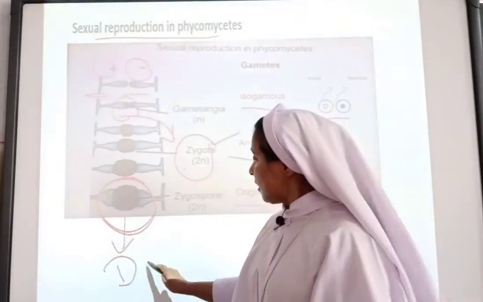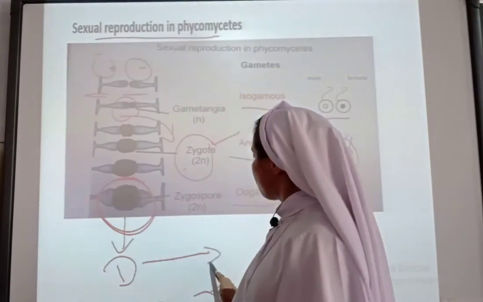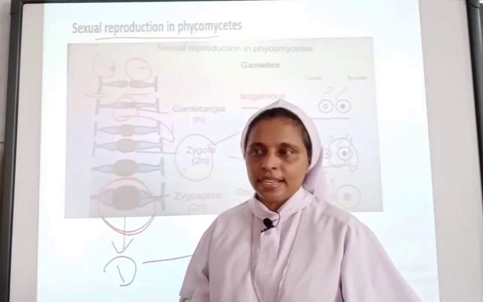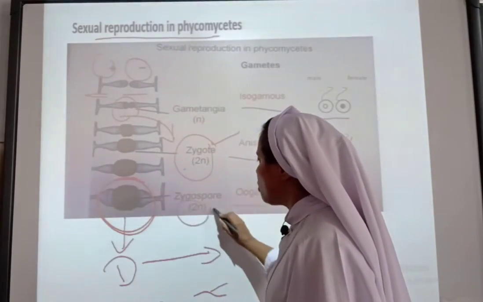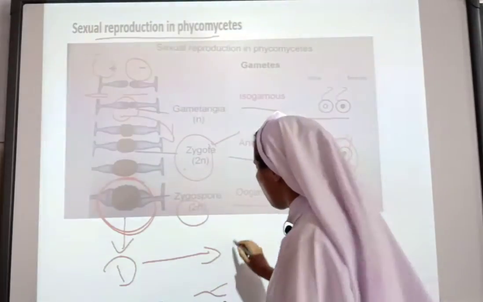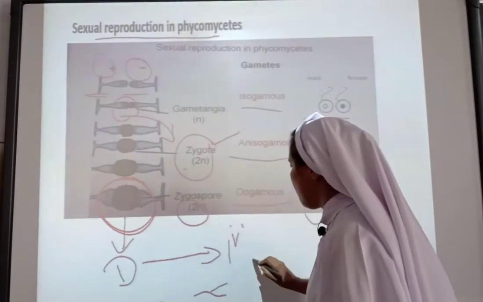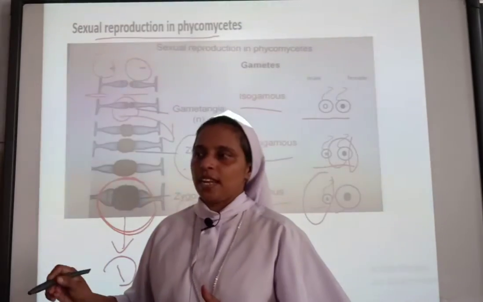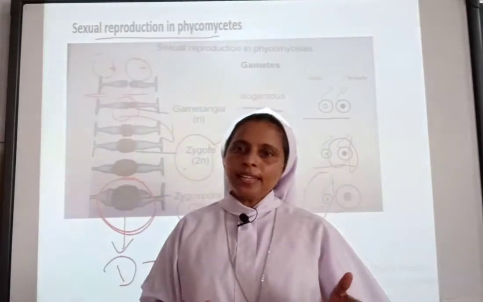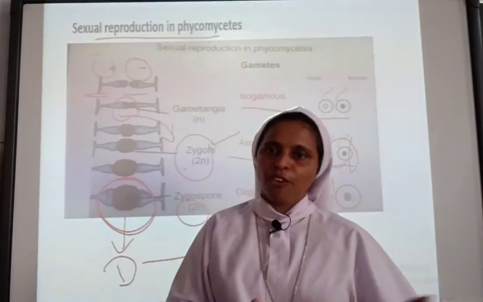But when the conditions are favorable for the fungal growth, what happens? The diploid nuclei will undergo meiosis division. And what happens? Then the haploid hyphae is formed.